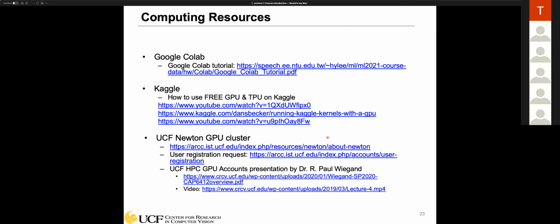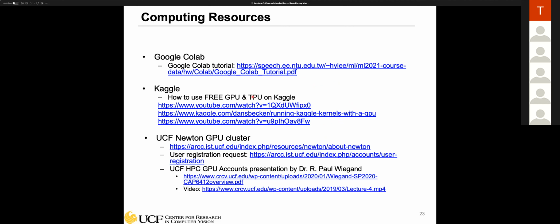Since we'll focus on deep learning, I understand computing resources are very important. So I list here a couple of free GPU computing resources you can take advantage of. The first is Google Colab. It's free, so you can check out these tutorials on how to set up the environment and train your deep neural network.